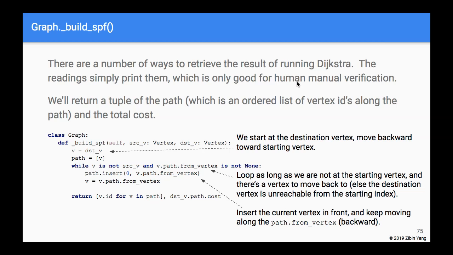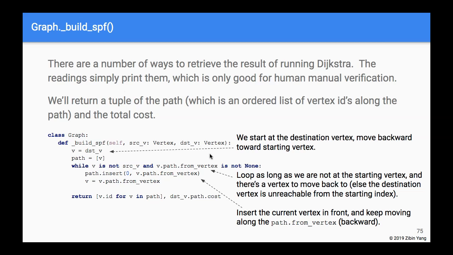It's not good if we actually want to write tests so that we can test the result of Dijkstra, or if we want to take that result and pass it on to other functions or methods for further processing. So what I chose to do is return a tuple of the path and the total cost. And that path is just a list of all the vertex IDs along that path.